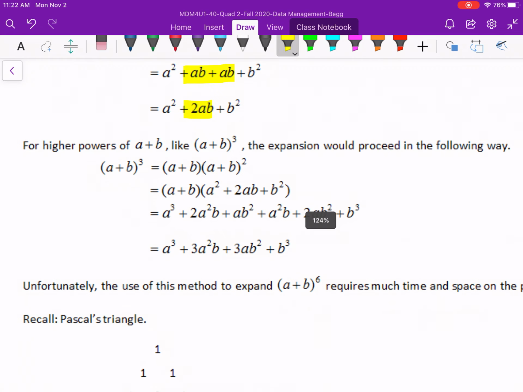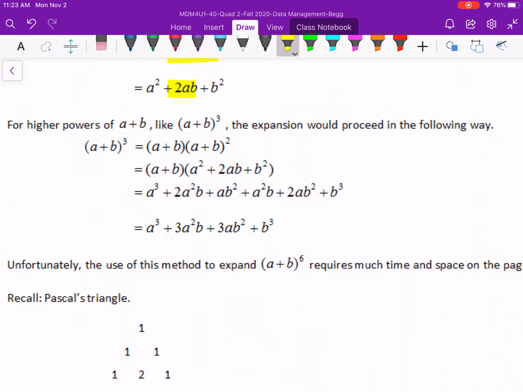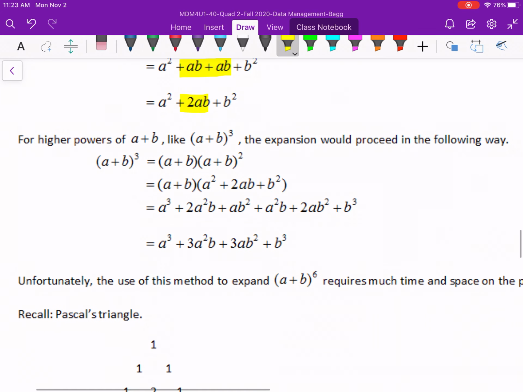For higher powers, we'd still have to expand. Unfortunately, we didn't have a shortcut for doing this. We already know that (a + b)² equals a² + 2ab + b² from above, and so we can use that as our starting point, but we still have to multiply that by the binomial (a + b), which means that we'd have to multiply a times each one of these terms, and we'd have to multiply b times each one of these terms.